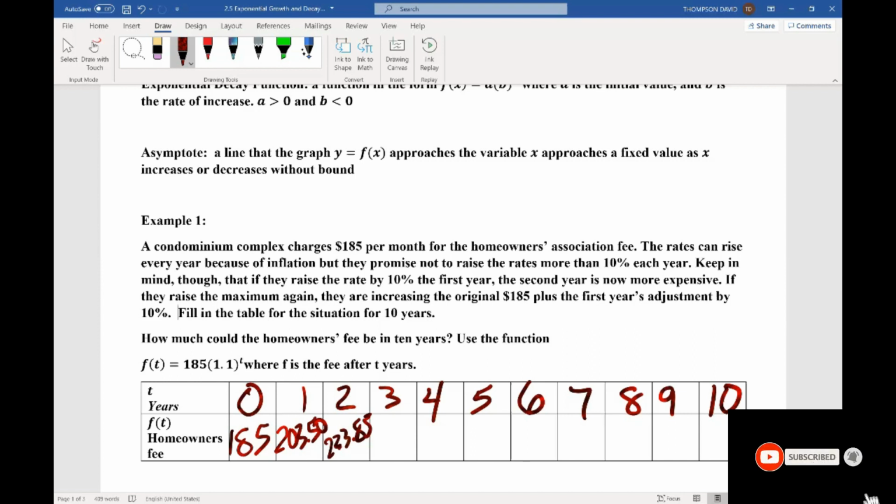Raised to the 3, 246.24. Raise it to the 4, 270.86. Raise it to the 5, 297.94.